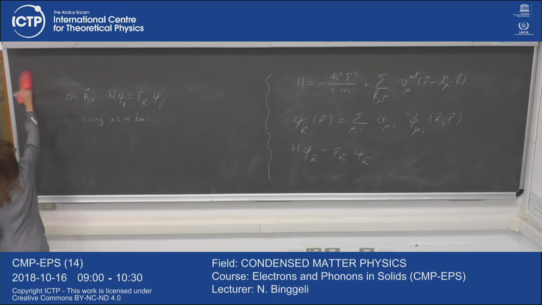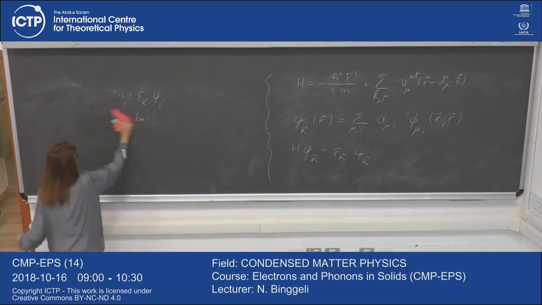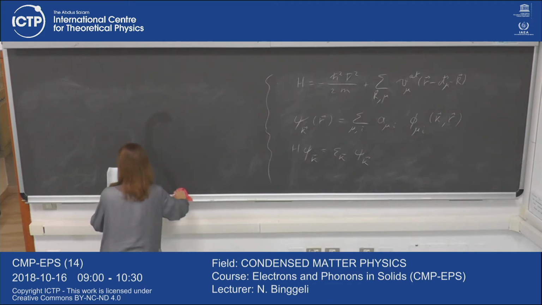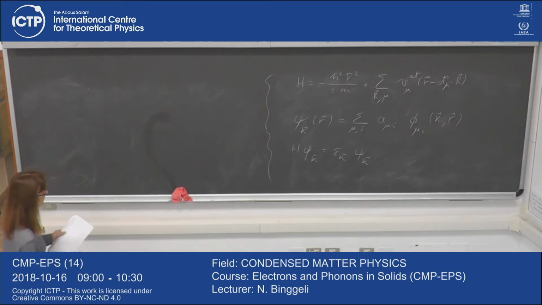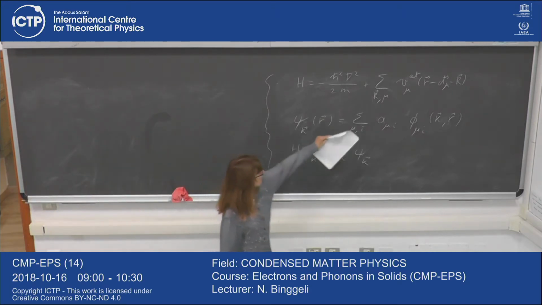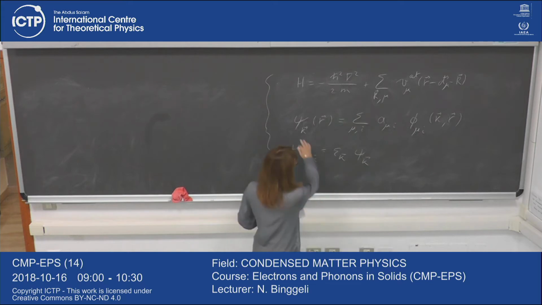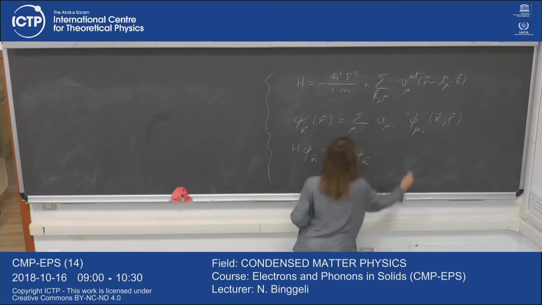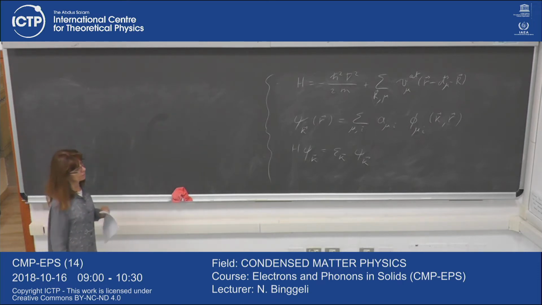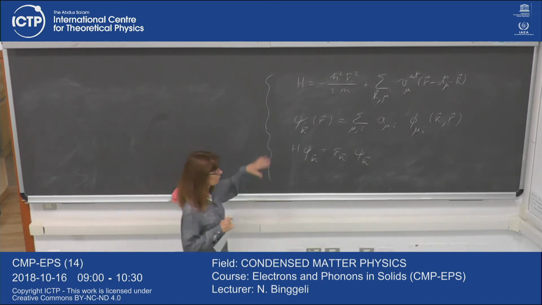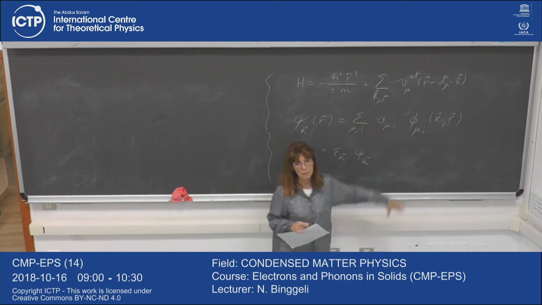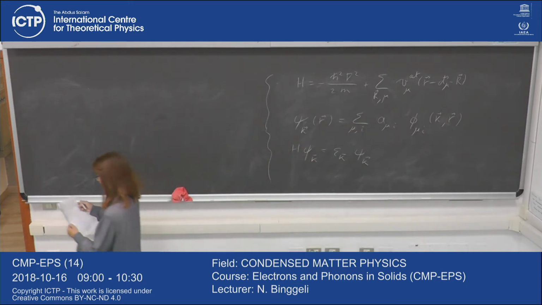So what I will do is, here I am writing the psi in this form, and then I will multiply by the complex conjugate of a basis function phi mu prime i prime, and I will integrate.